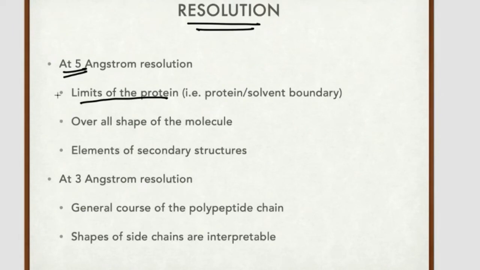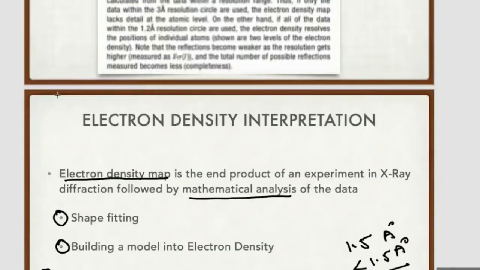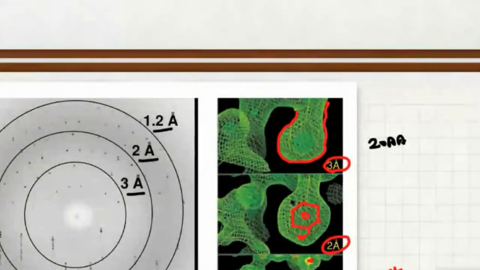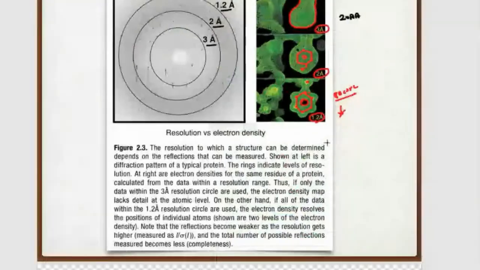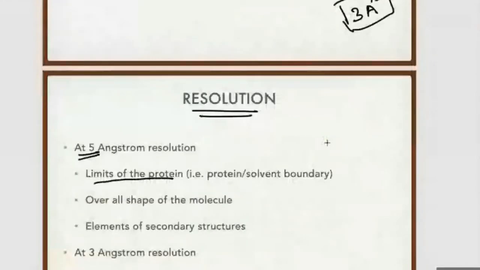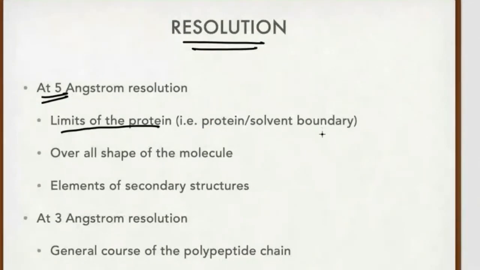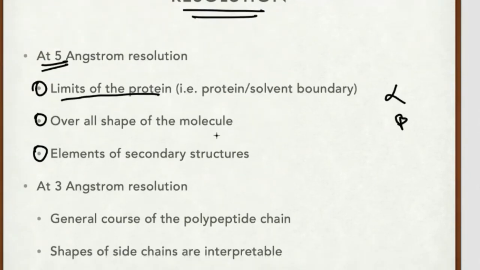Even at 3 angstrom, the overall shape of the molecule is clearly visible, right? At 5 angstrom we can also clearly see the overall shape of the molecule, and elements of secondary structure to some extent can be visualized, whether that amino acid can participate in an alpha helix or beta sheet. Those can be observed at 5 angstrom resolution.